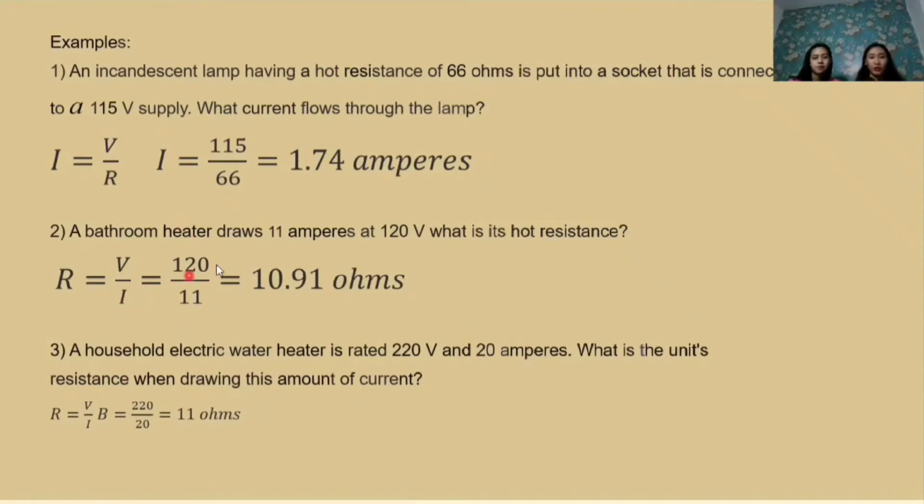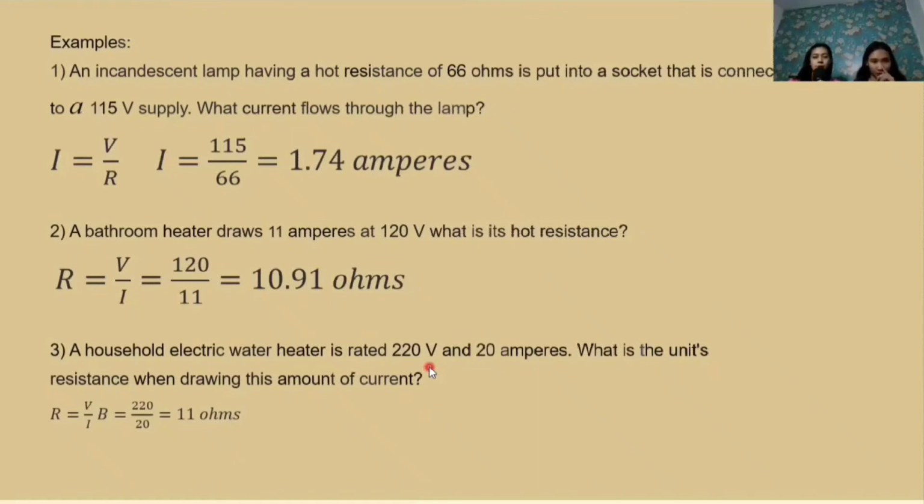The voltage is 120 and the current is 11, and if you calculate it, you're going to have 10.91 ohms.